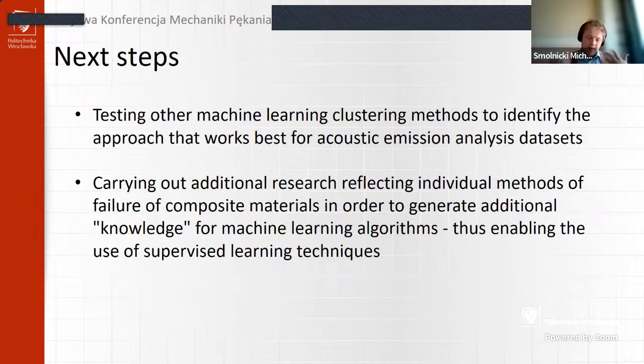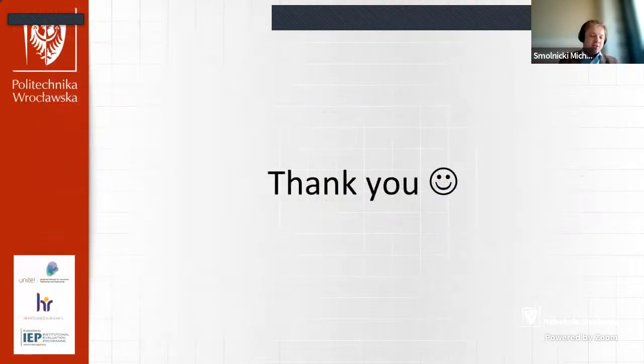We can suspect with our classic knowledge, but it would be better if we had something to compare a priori. So this is the next step that I will do, and it will no longer be an unsupervised technique. It will be mixed, supervised with unsupervised machine learning. So this is everything that I prepared for today. Maybe there are some questions.